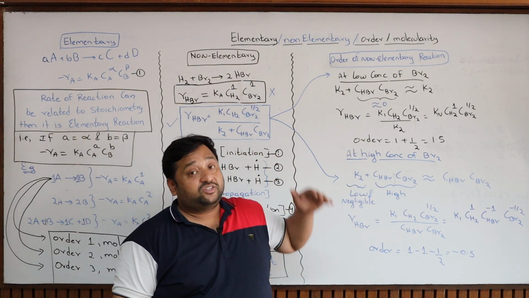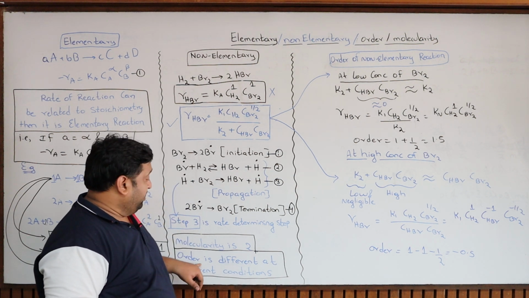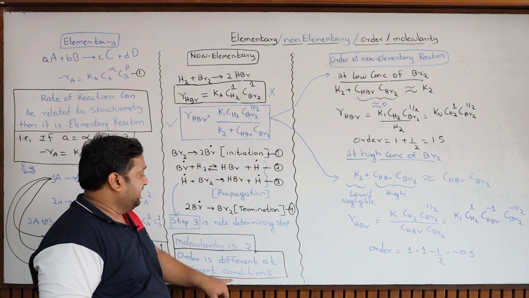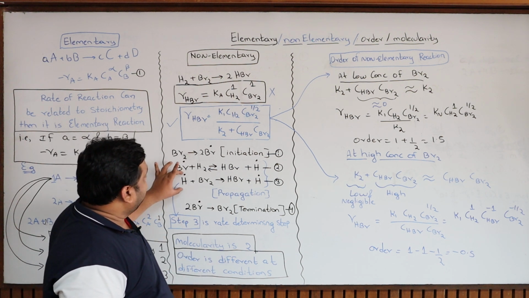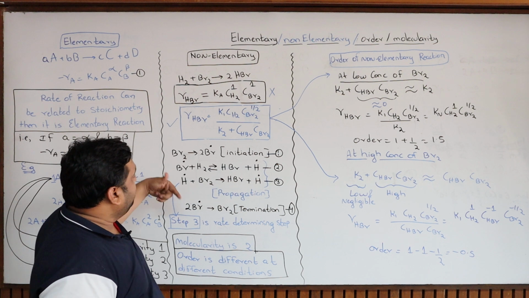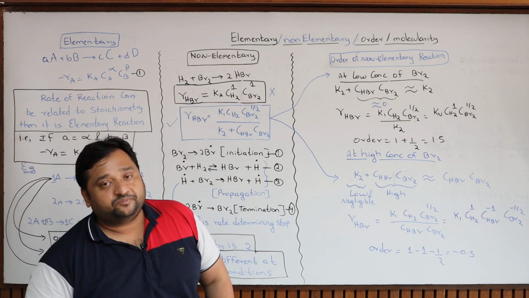For non-elementary reactions, order is different at different conditions. For molecularity, you have to identify the rate determining step, and in this rate determining step identify how many molecules are involved in the reaction. Then the molecularity is 2.